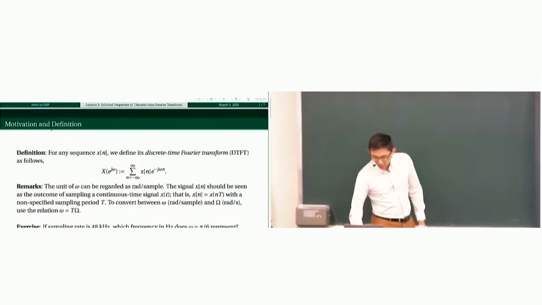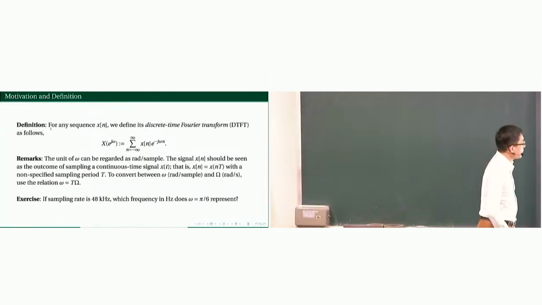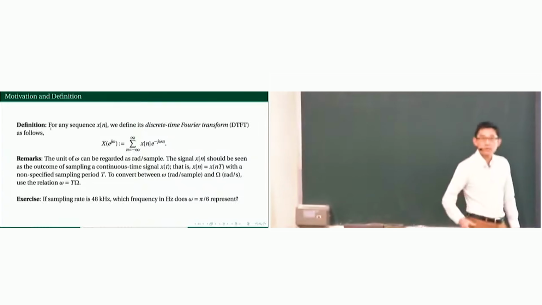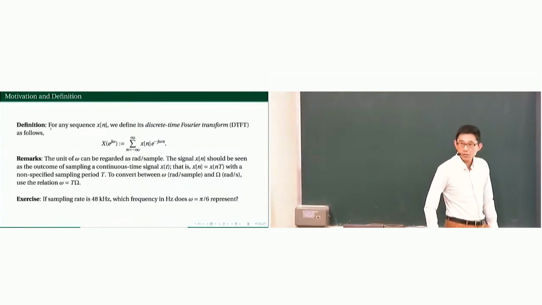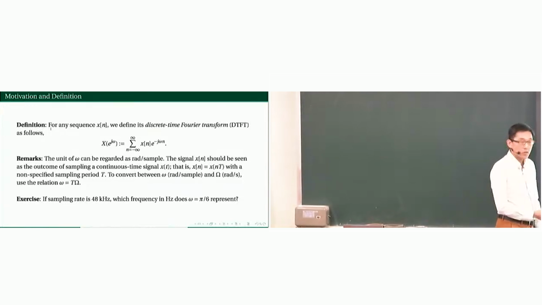With that, let's just look at the definition again. For any time domain signal x of n, being a sequence of numbers, let me emphasize one more time, n is an integer. N is a time index, and by default is an integer. So x of n, we multiply it with e to the minus j omega n.